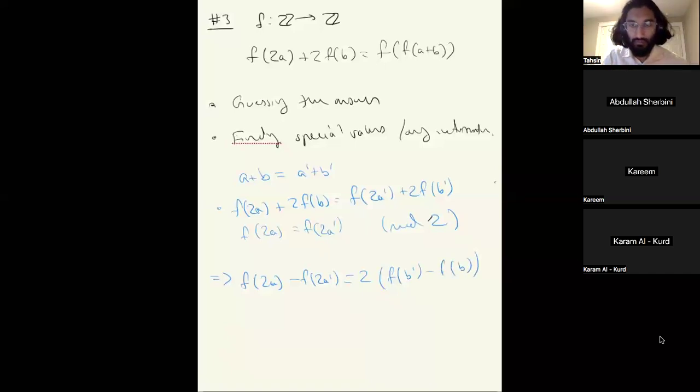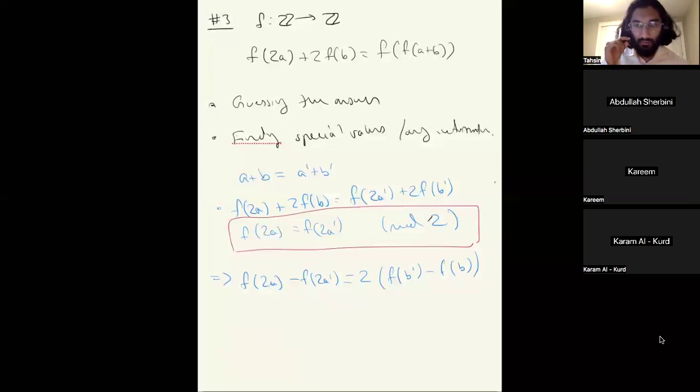Then f of 2a minus f of 2a prime must be a multiple of 2. Good. So that's this statement here. And then f of 2a is congruent to f of 2a prime modulo 2. So that's this observation here.